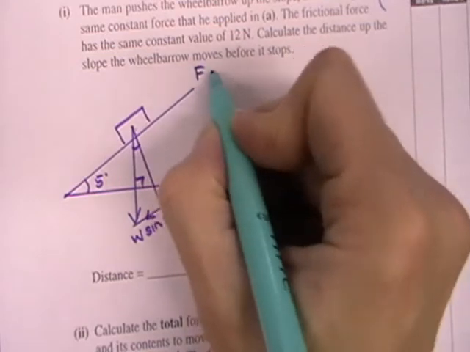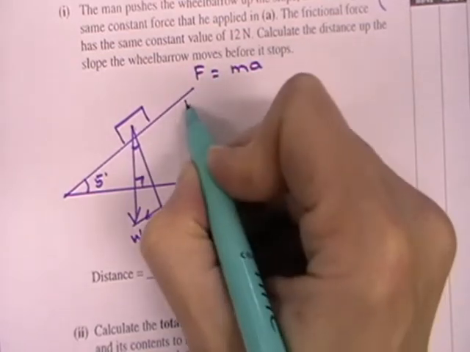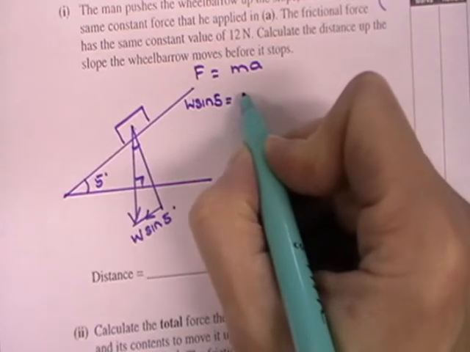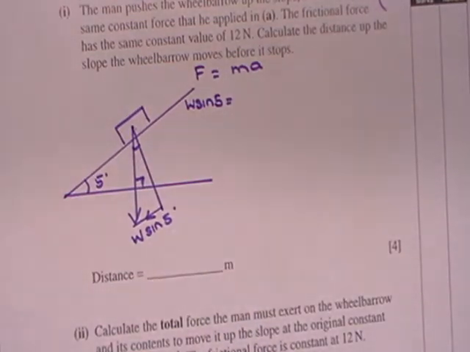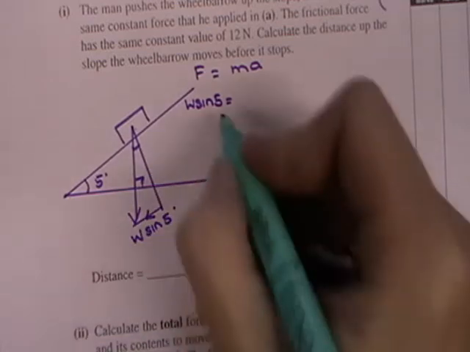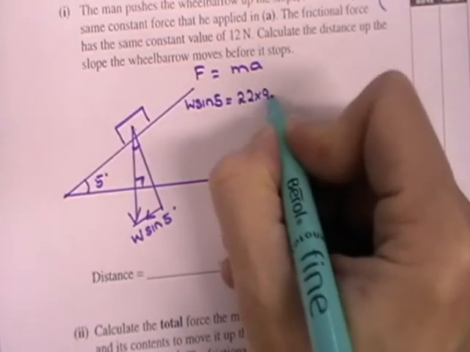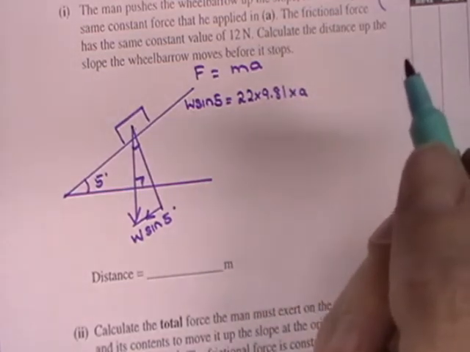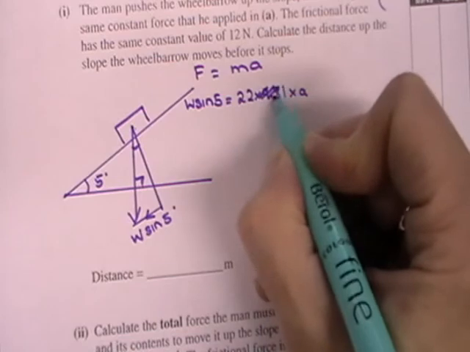So F equals ma. W sine of 5 is equal to the mass of the wheelbarrow, which was 22 kilograms, times a. So it's 22 times 9.81 times sine 5 equals 22 times a.